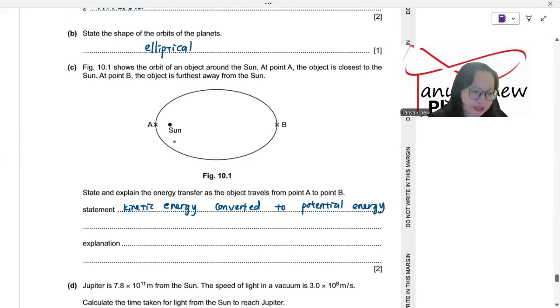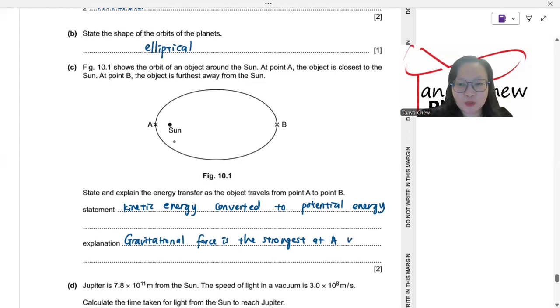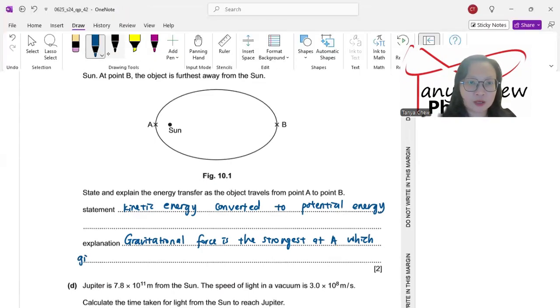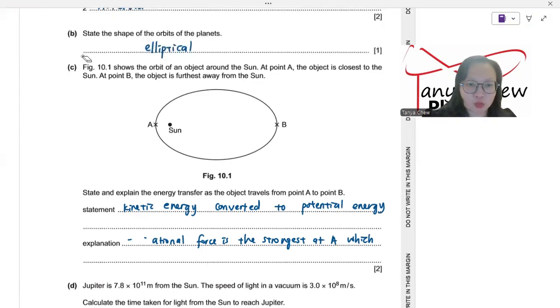Right? Explanation is that at point A, the object is closer to the sun, so gravitational force is the strongest at A. Or you can say explanation why energy transfer.